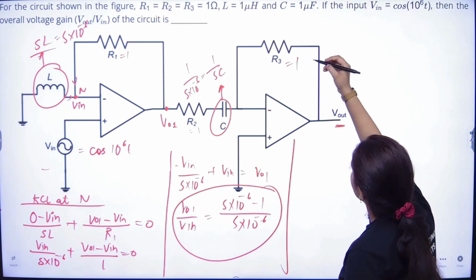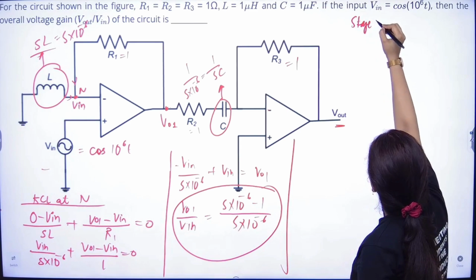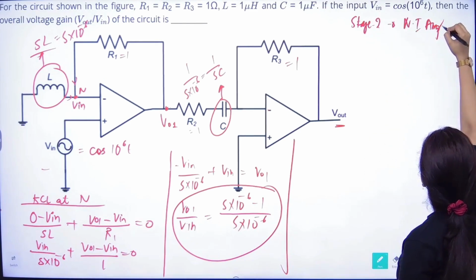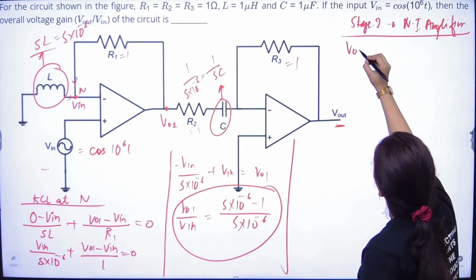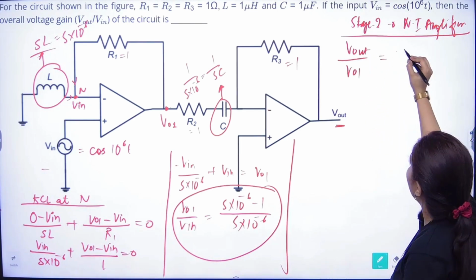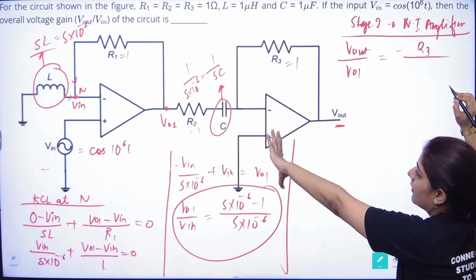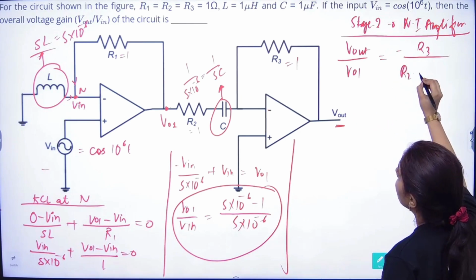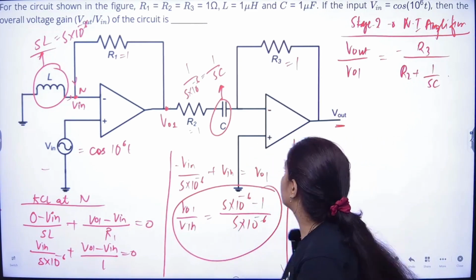So gain for stage 2, we directly know this is an inverting amplifier. So we know that V_out by V01, what will be this? Minus of this R3 divided by this total resistance here. So we can easily calculate, that will be R2 plus 1 by SC. So that will be the total gain, right?